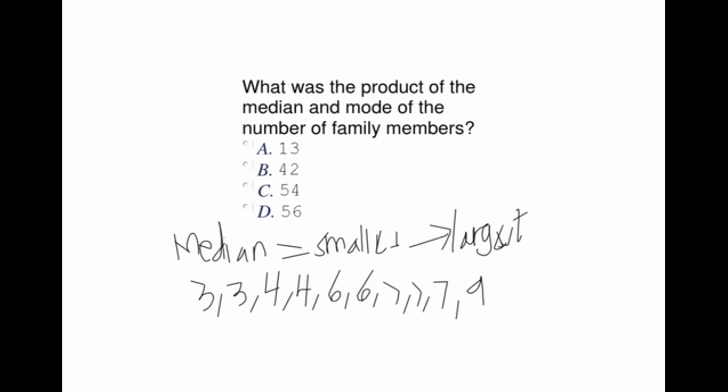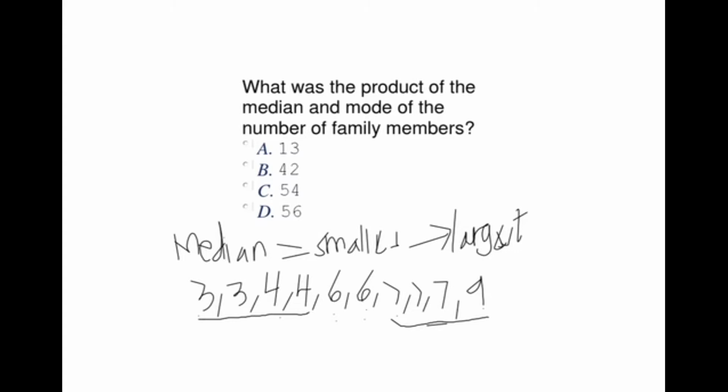So the median is the number at the middle. So we have 1 2 3 4 5 6 7 8 9 10. So we'll take the last 4 and the first 4, then we remain with these 2. So we have 6 and 6 in the middle.